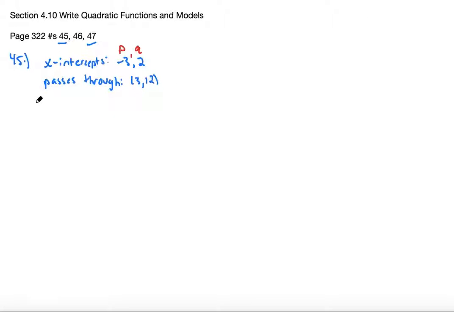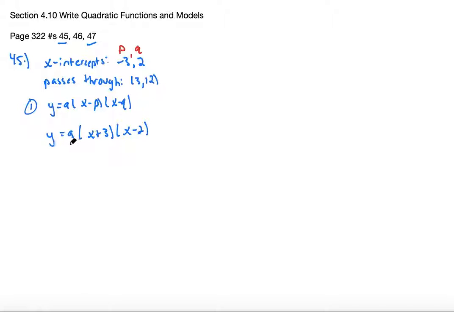So step 1. Write the formula y equals a times the quantity x minus p times the quantity x minus q. Step 2, substitute in the intercepts. So we have a times x plus 3, remember opposite inside the parentheses, times x minus 2.